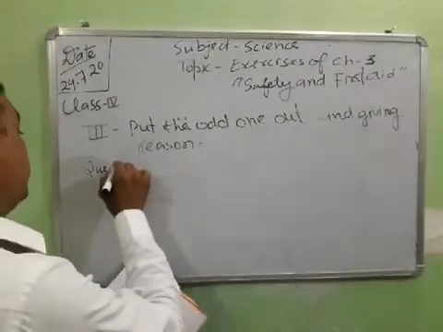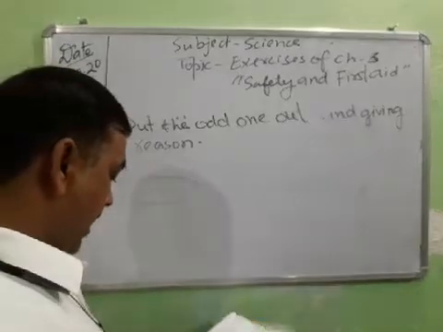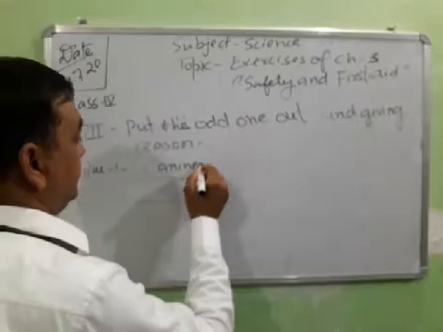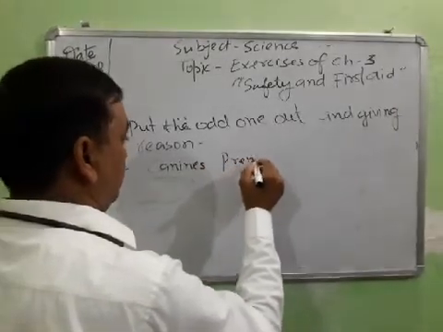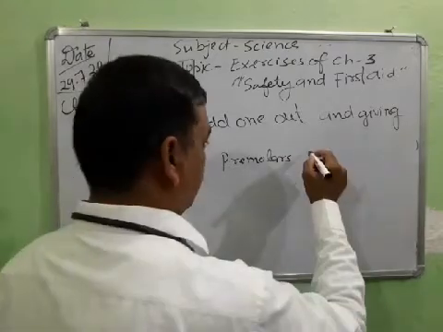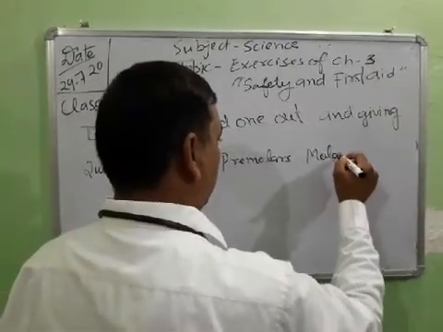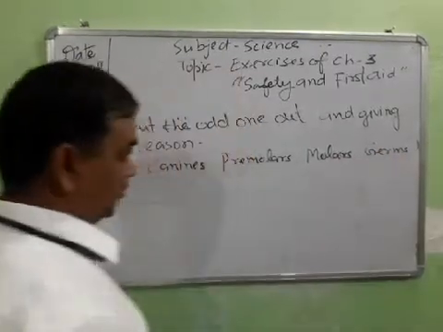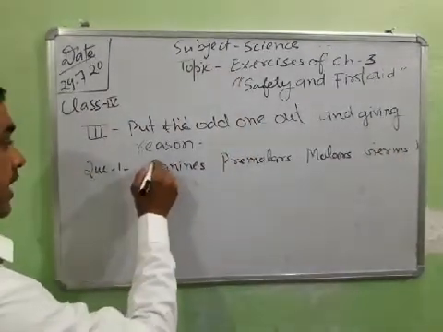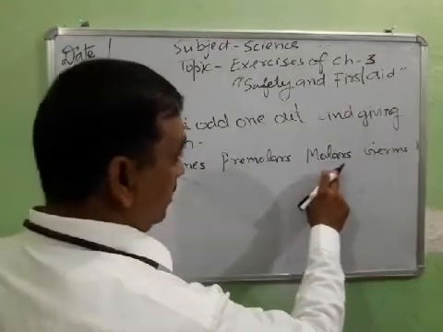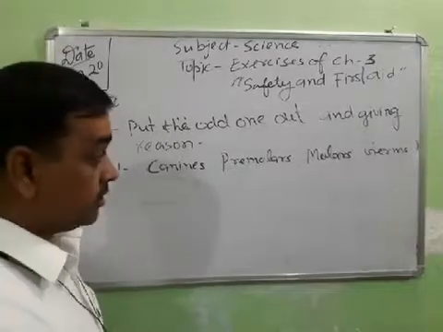Third, question first: canines, premolars, molars and germs. Student, read very carefully. Canines, premolar teeth and molar teeth are types of teeth, and germs are microorganisms.